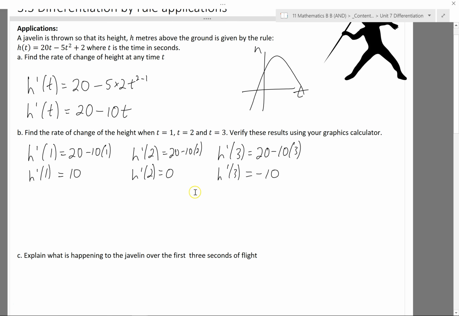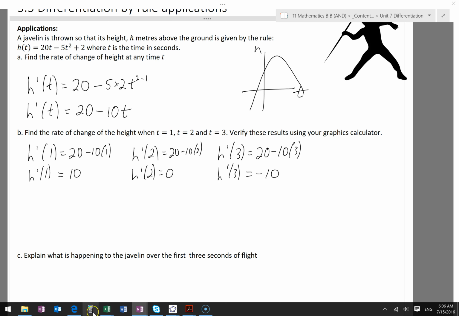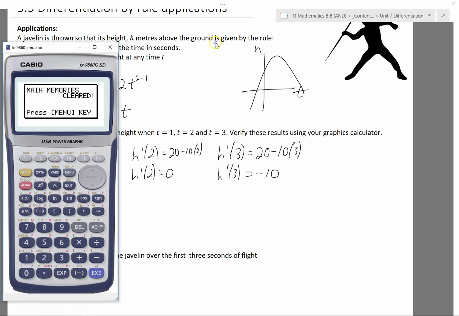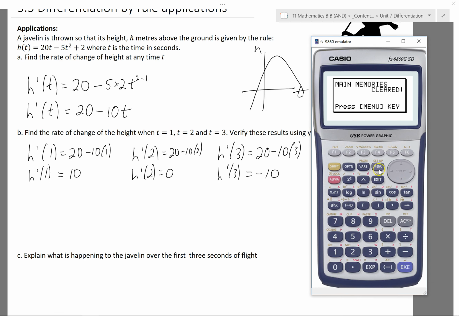If I wanted to, remember I could check these on my graphics calculator. How would I do that? I'd go down into my graph menu, I'd graph this thing. Hopefully I can see it there.